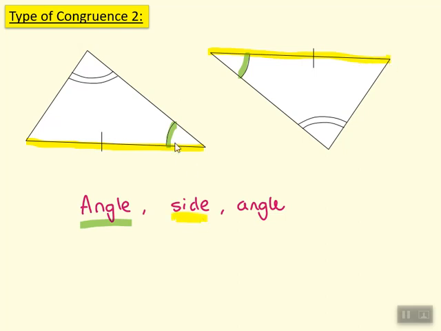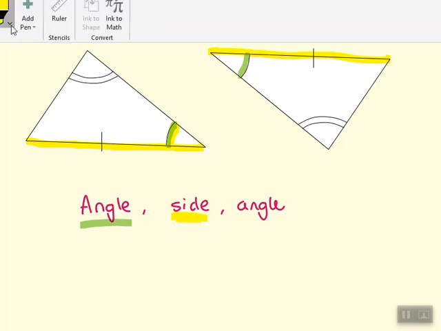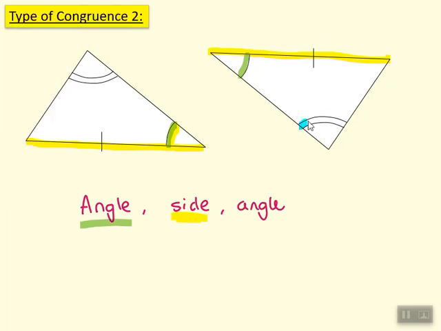That's important as well. So you see that this green angle here, the side comes off that green angle, so it's got to be the same here. And then if you have at least one other angle matching, so you've got this angle here matching this angle, then they've got to be the same triangle.